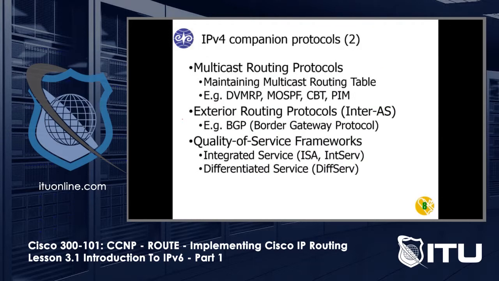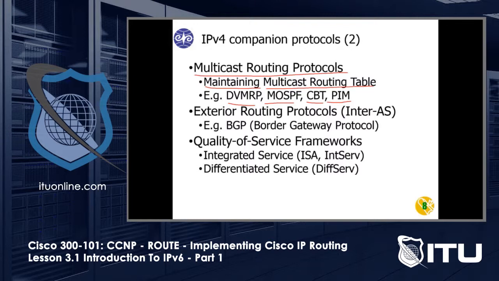All right. There are multicast routing protocols that include DVMRP, MOSPF, multicast open shortest path first, CBT, and PIM, and you have to maintain a multicast routing table so it knows where it's going to be going.